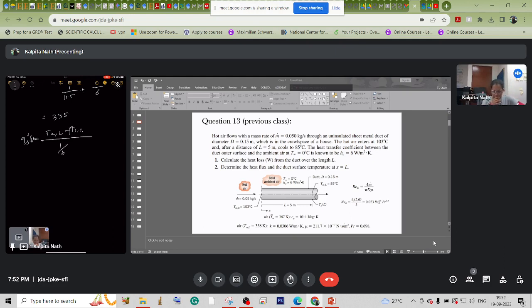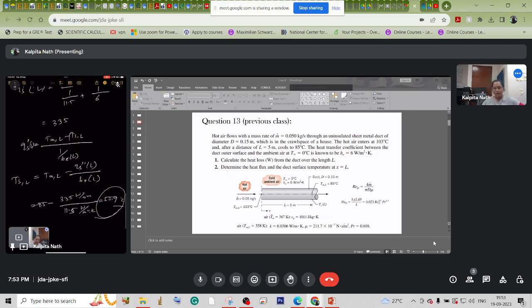So this is 1 upon h_x L. T_SL equals T_ML minus q_s L upon h_x L. This is 85 minus 335 watt per meter square over 11.5 watt per meter square Kelvin, giving 555.9 degrees Celsius. So this is the duct surface temperature.